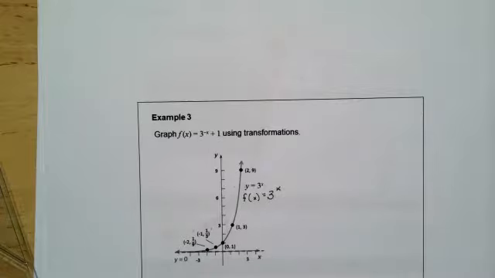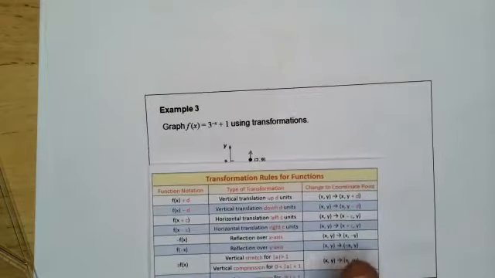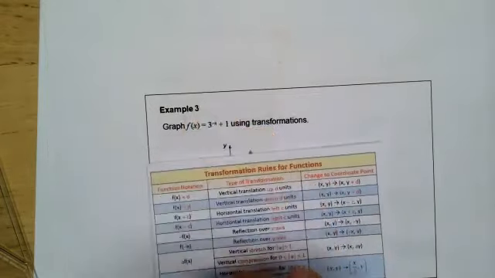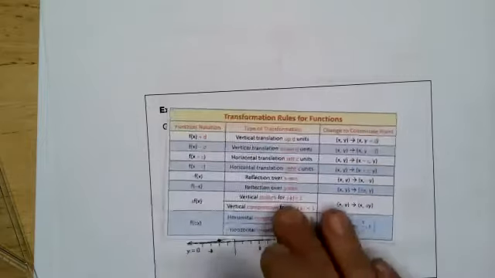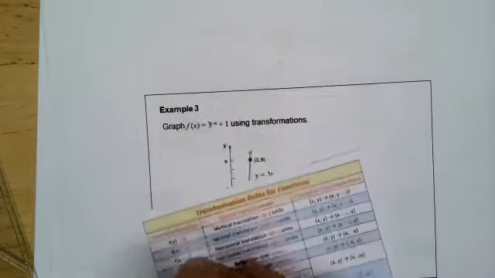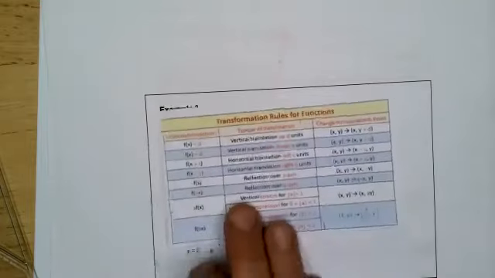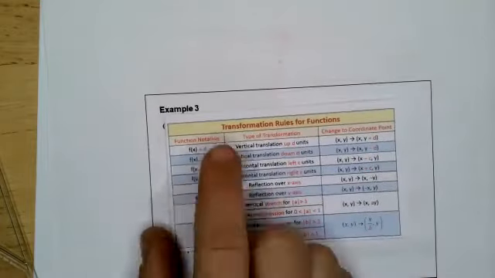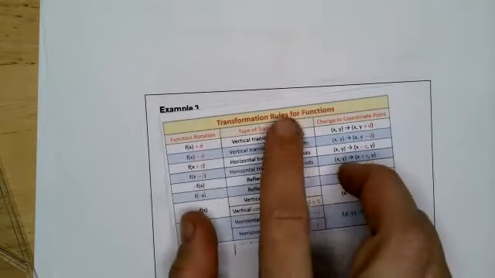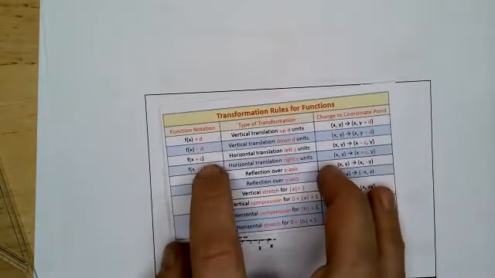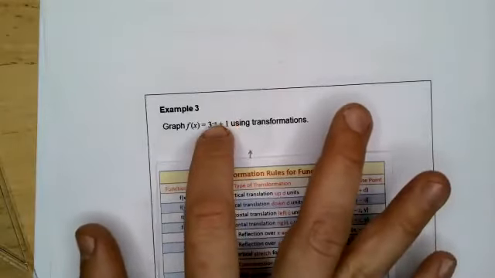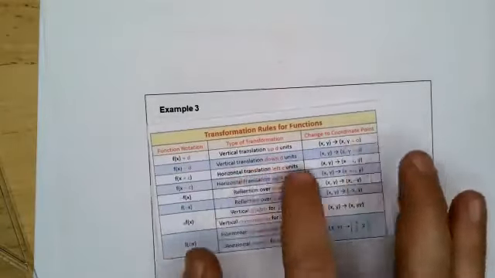So you come back to the transformation rules for functions. We look at what is happening to x, and what is happening to the entire function. Is it happening to x, or to all of f of x? So let's review the transformation rules. If we're adding or subtracting outside, it's going up and down. If we're adding or subtracting within the exponent, it's translated left or right.